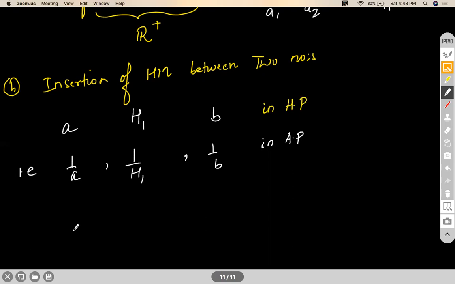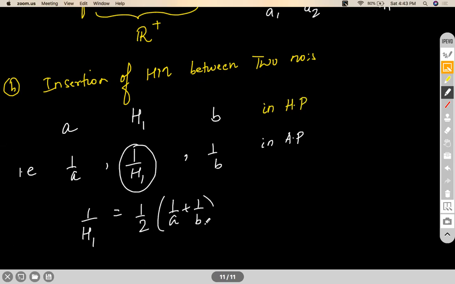Are you getting my point? And 1 by H1 will act like the arithmetic mean between 1 by A and 1 by B. So I can say 1 by H1 is half of 1 by A plus 1 by B. You may also write this half in a very strategic way, as this by 2.